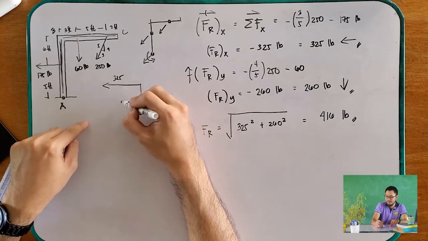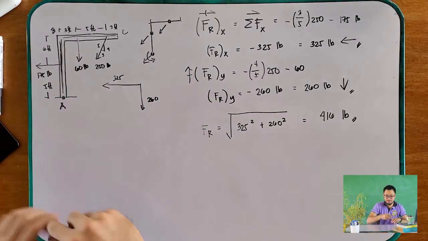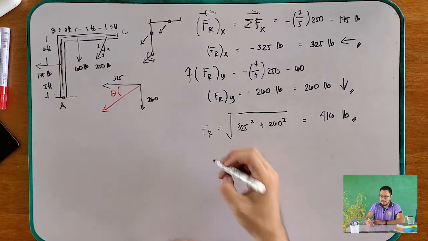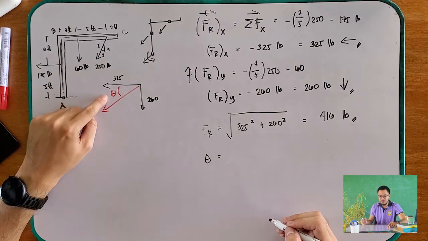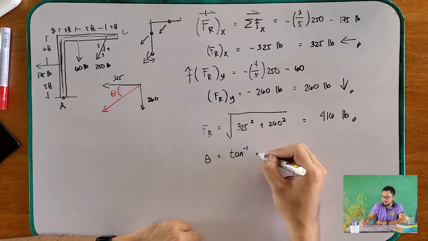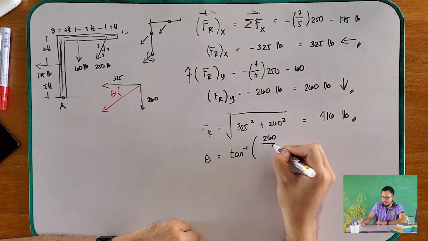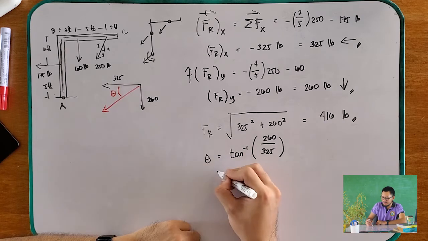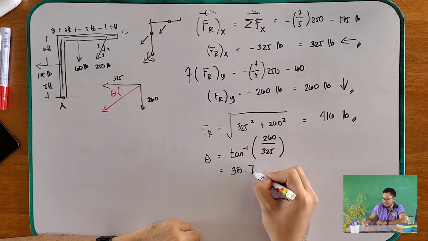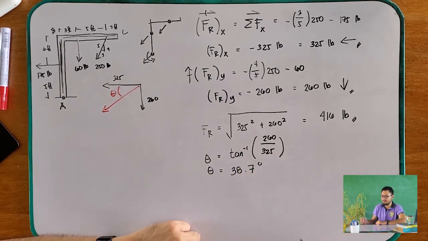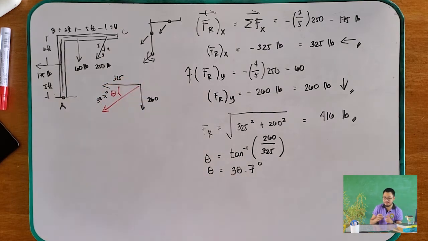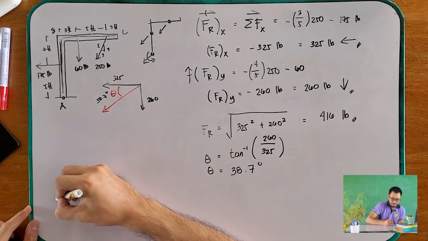So we have to determine the angle of your resultant. How can you get this angle? Opposite over adjacent, that is inverse tan of 260 divided by 325. Therefore, your angle is equal to 38.7 degrees.